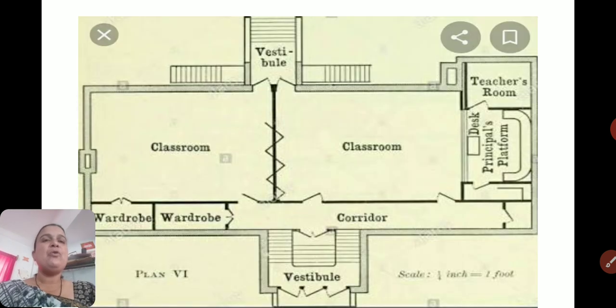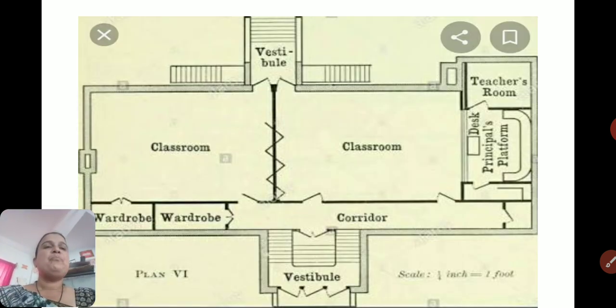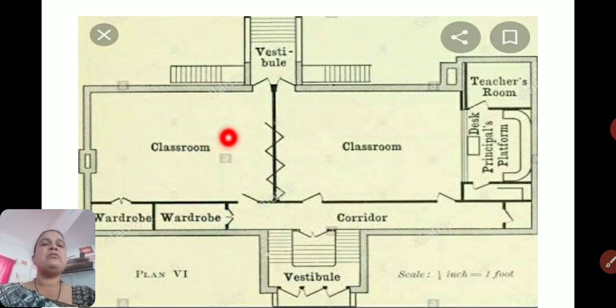I will show you how a plan exactly looks. Suppose this is a school building. It shows the location of the school building and how it will be after construction is finished: the classrooms, the corridor, wardrobes, teacher's room, the location of the principal's room, desks, as well as the grounds.